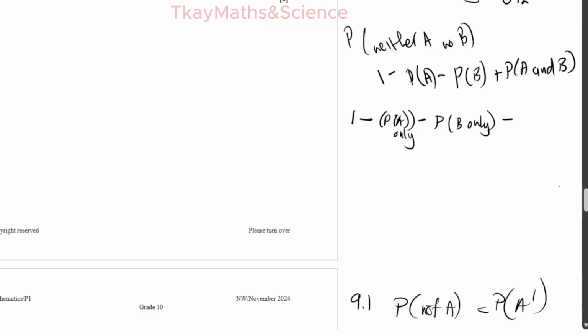Minus that is the probability of getting A and B. Okay, so all of this will result in the same number, which is equal to 0.359.